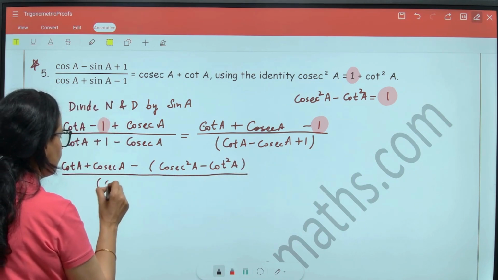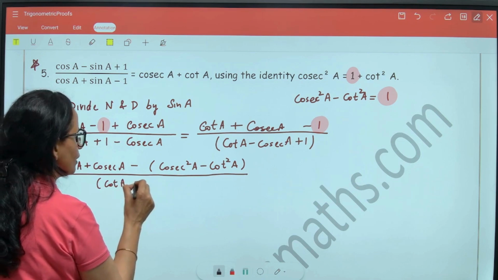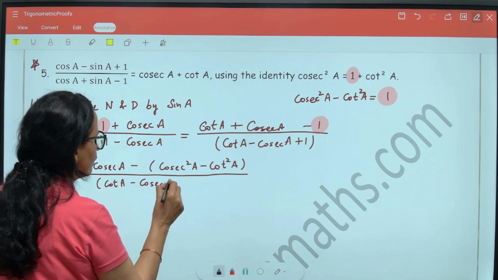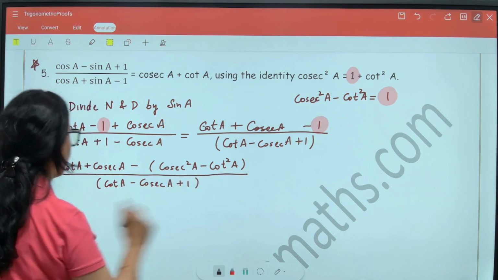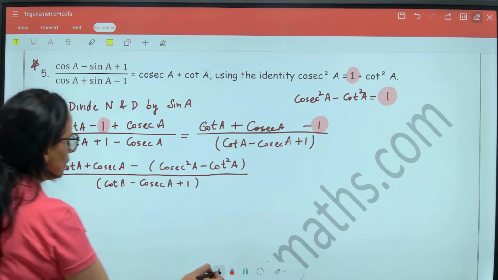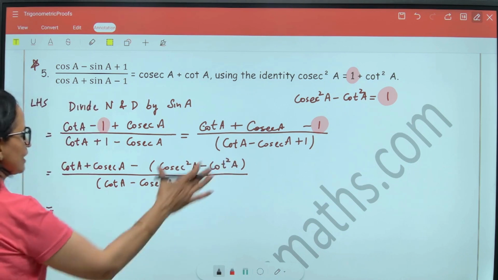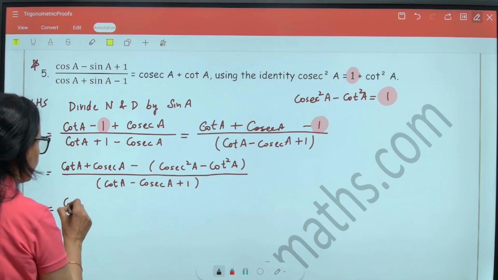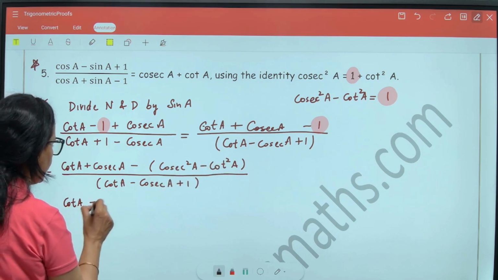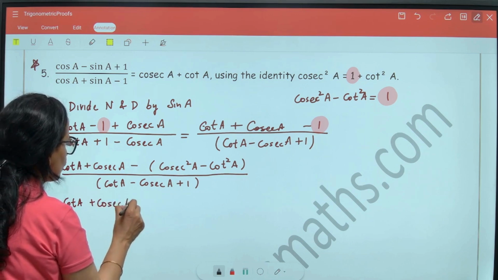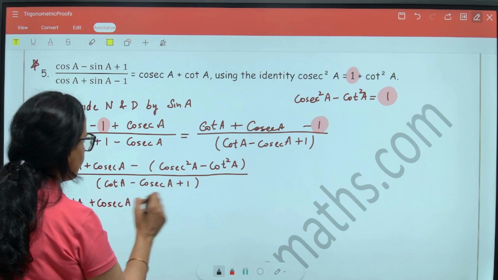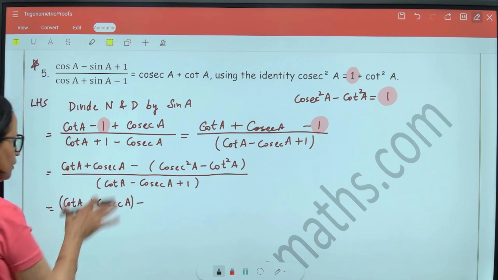The denominator, simple and cute as it is, needs no changes at all. Just retain it the way it is, it will get cancelled. In the numerator now I have a square minus b square, so I can expand this bracket and write it in terms of a plus b and a minus b, right. So the first part of the numerator is the same, no change at all, just that I have added a bracket here.